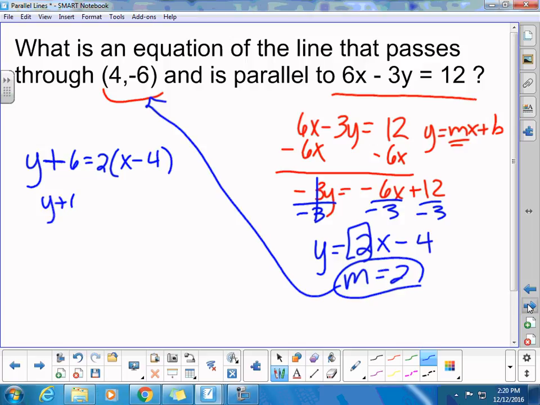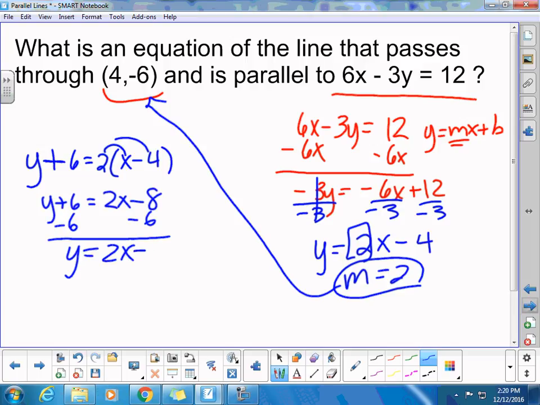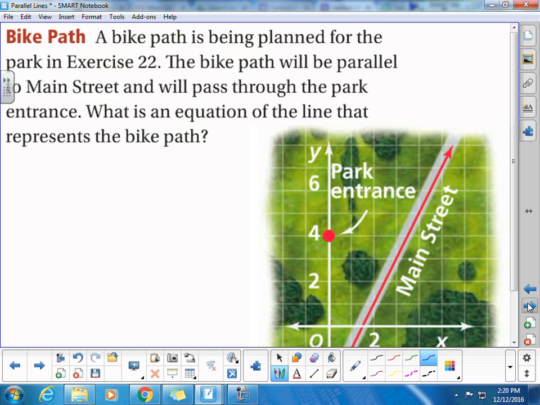So I have y + 6 = 2x - 8, distributing my 2. Subtract my 6, and I get y = 2x - 14. So there's the equation of my line that is parallel to 6x - 3y = 12 and goes through (4, -6).